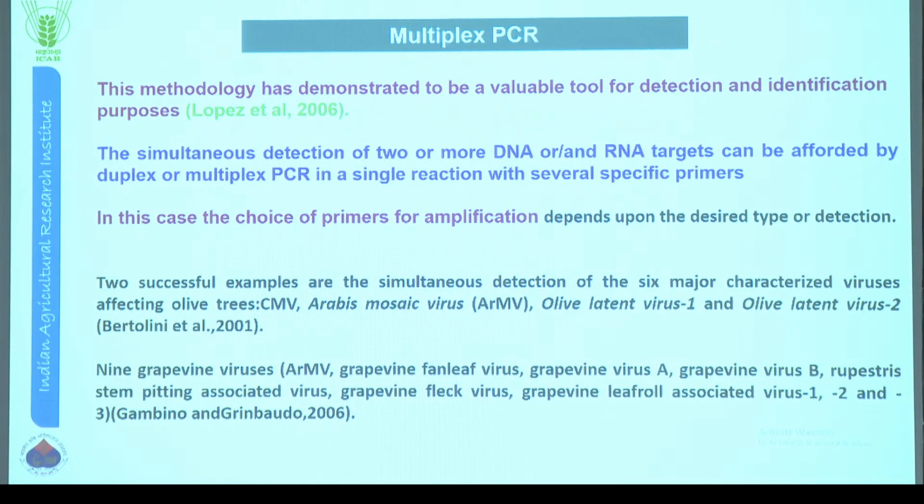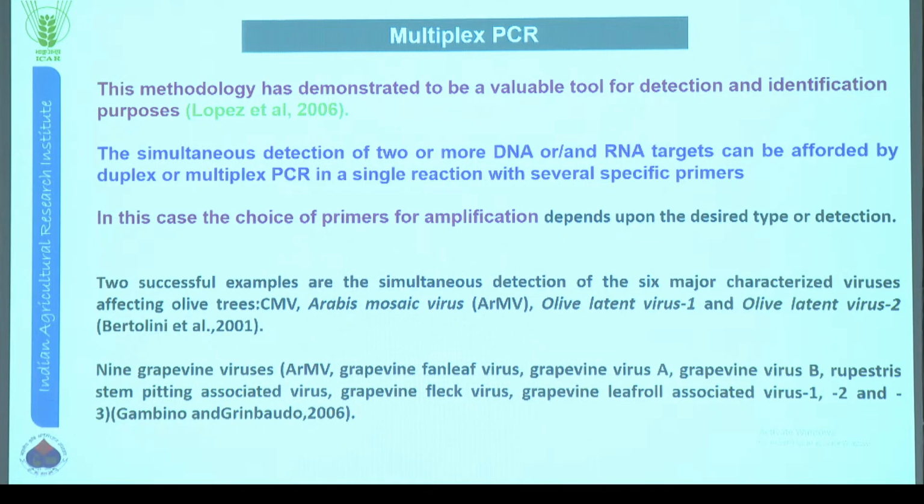What we do here is develop 4 sets of primers or 3 sets of primers or 6 sets of primers in a single PCR reaction. Means you make 4-5 primers to detect, for example, Alternaria, Fusarium, Bipolaris. So, you have to develop 4-5 primers for individual pathogens and do the same PCR, but it is difficult to standardize.